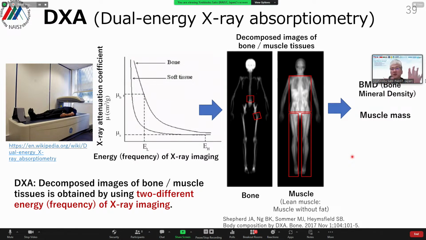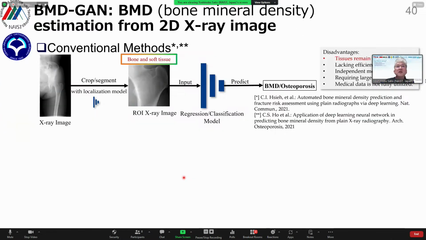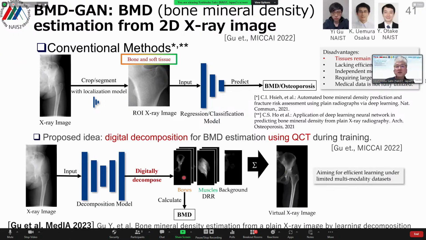But without using this kind of imaging, with our AI decomposition system, we can decompose the bone part, the muscle part, and also individual bones and individual muscles. So we can produce some kind of virtual DEXA images by using AI from plain X-ray images. So we developed some methods.